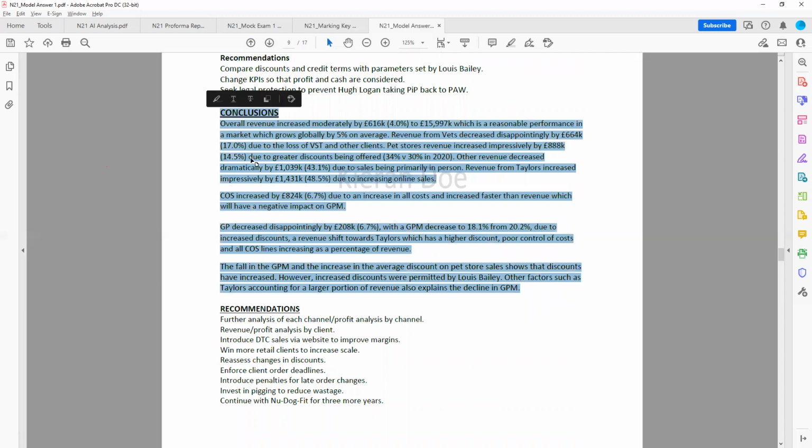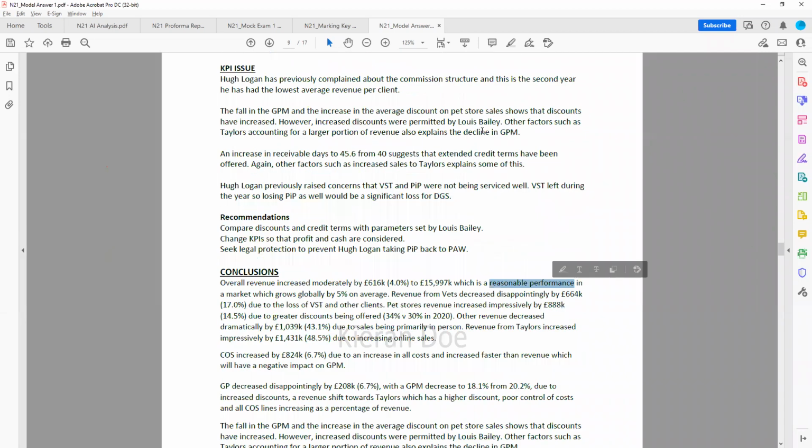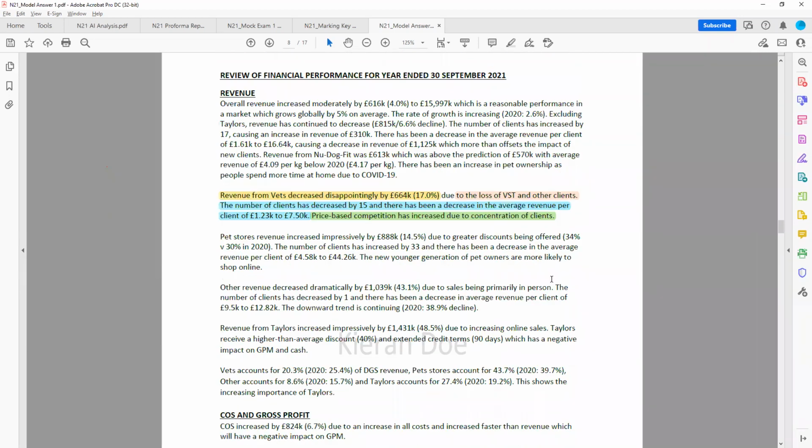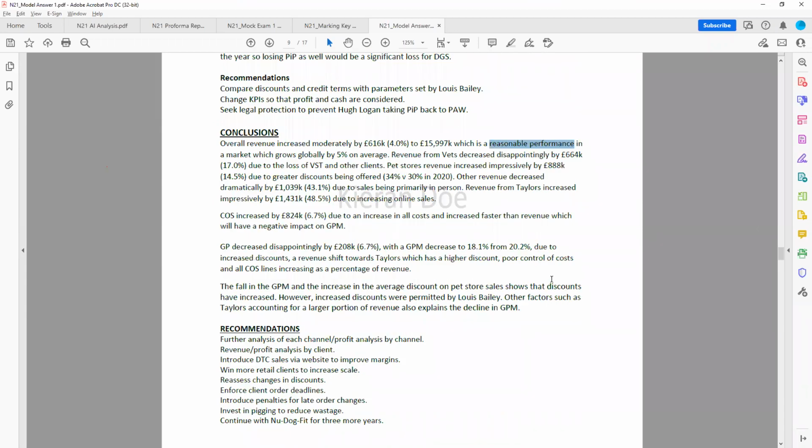Your concluding points aren't any different than what's in the main body of the report. If overall revenue went up by 4%, it went up by 4% from this to this. That's factual. And if that's a reasonable performance, your conclusion point isn't going to be any different from your main body point. If you were to copy and paste it or rewrite it, it's going to look broadly the same anyway.